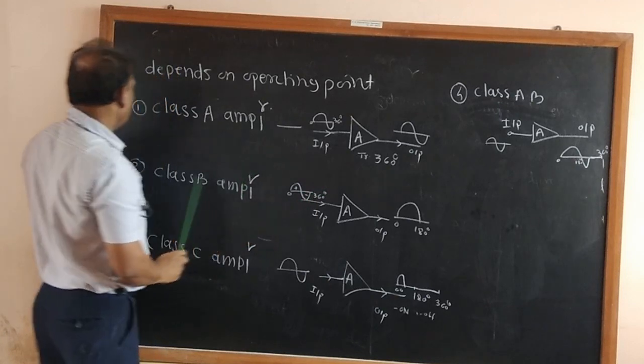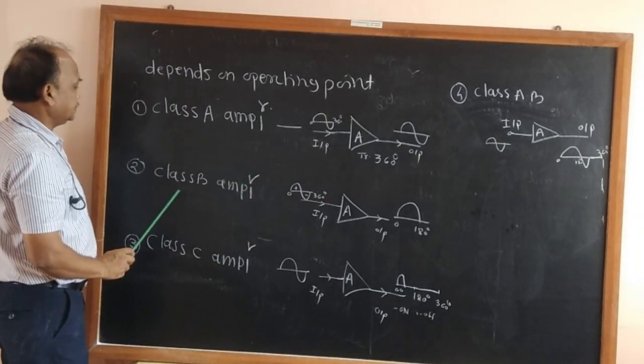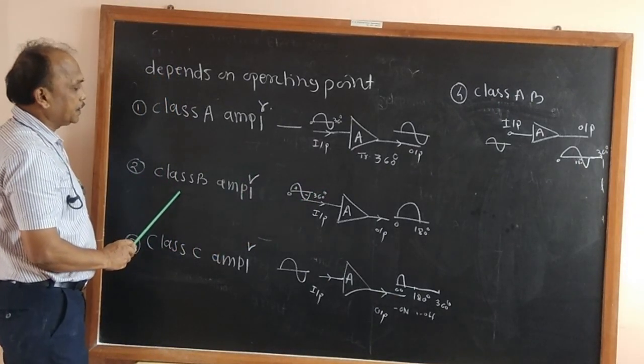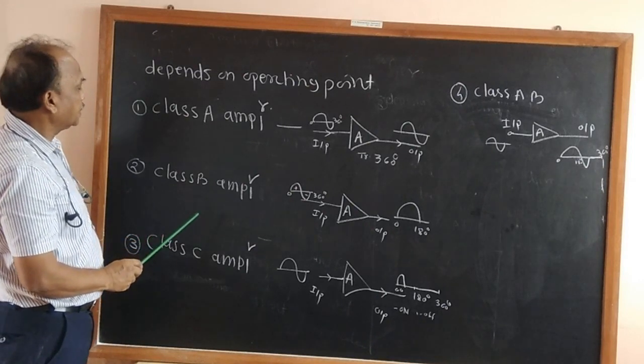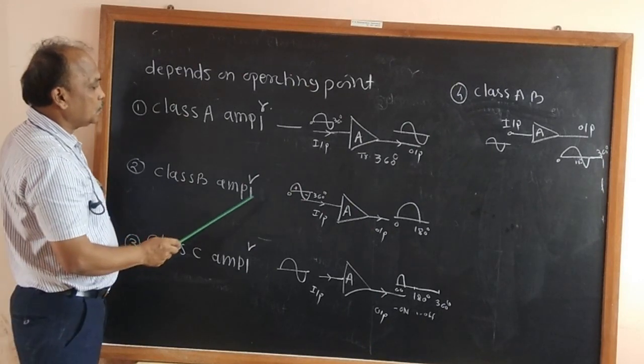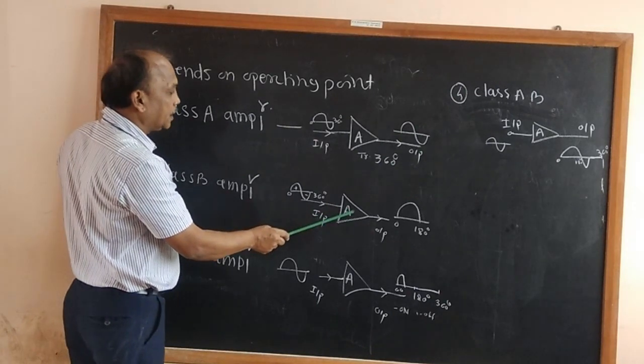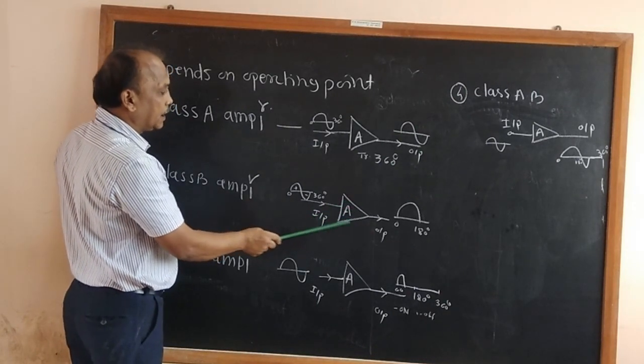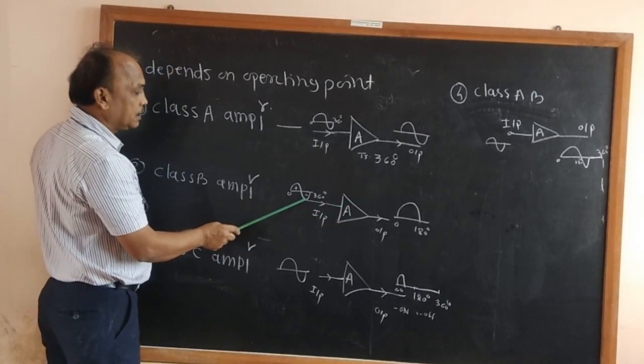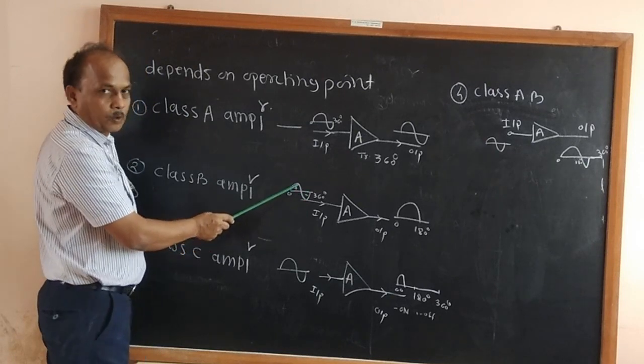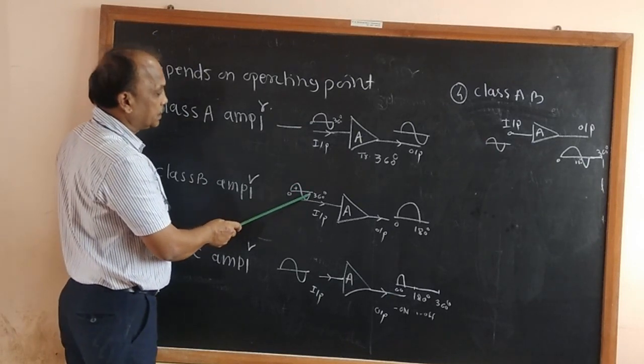Now we have to study the second amplifier, which is known as the class B amplifier. Here again we are using one transistor. At the input side, we are applying a sine wave signal, which contains a positive half cycle as well as a negative half cycle.